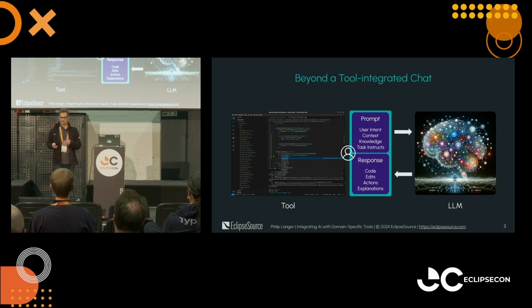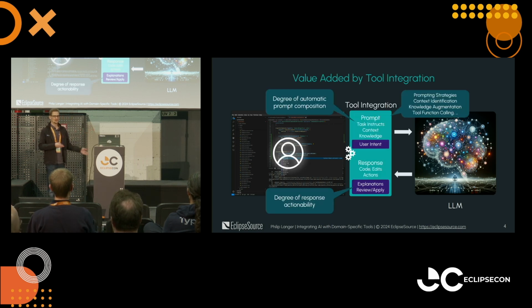So where all of these tools that I mentioned before really add value is the tool integration, in the sense that they maximize the degree of automatic prompt composition, so that most of the parts of the prompt, except for what you want to do, the user intention, are actually added by the tool integration, including task instructions, context, possibly necessary knowledge, and so on.